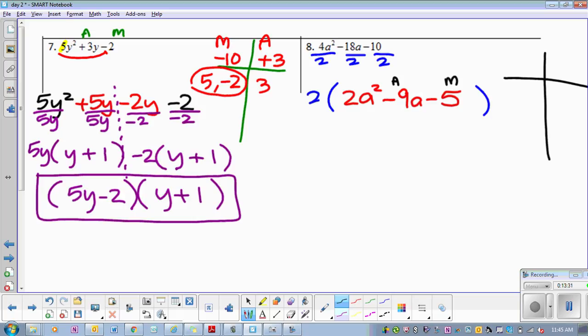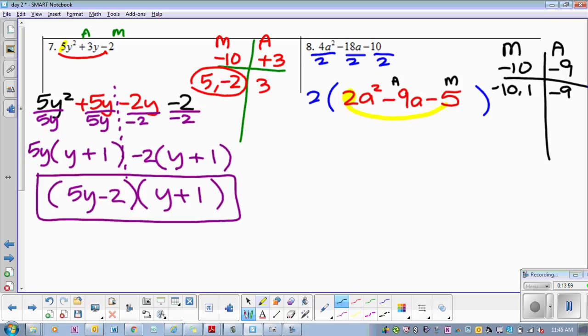All right, that's fine. I can take this 2, swing it over, and multiply it with a -5, right? So now my M number is -10, and my A number, -9. What two numbers multiply to give me -10, adds to give me -9? Yeah, -10 and 1, right?